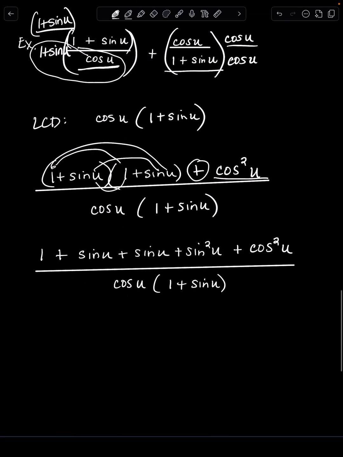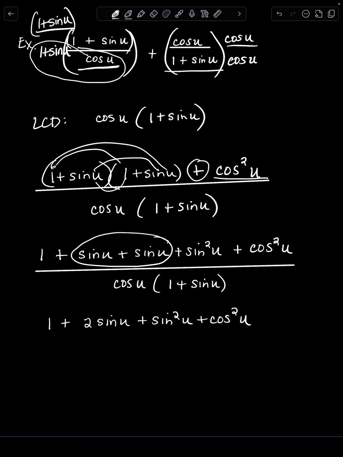All right, so let's put our like terms together and clean this up. Up here, I've got these 2 like terms. So that's 1 plus 2 times the sine of u plus sine squared of u plus cosine squared of u, all over my common denominator. Do you recognize anything that we can do to simplify this?